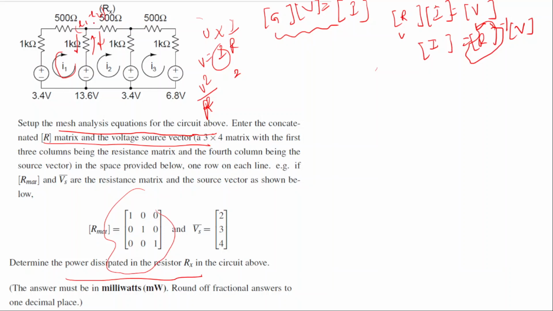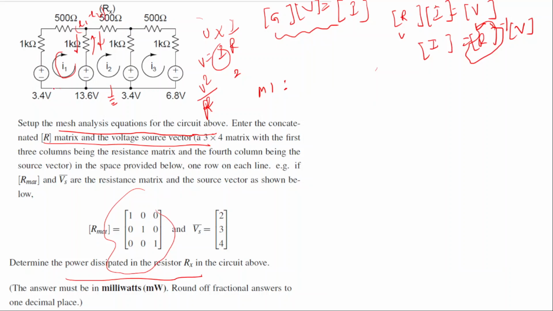Let's take this as the reference node, and we start writing the mesh current equation in mesh 1, let's call it M1. We start from here.